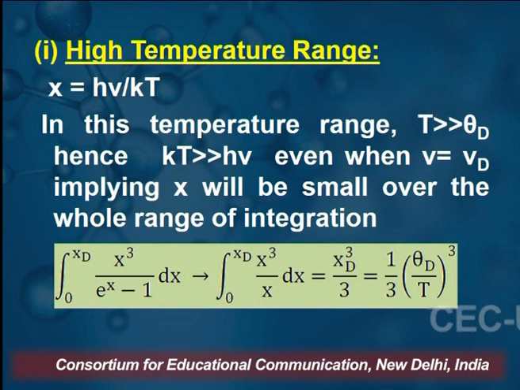In the high temperature range, x is h nu by kT. In this range, T is very much greater than theta d, so kT will be very much greater than h nu. So, even when nu equals nu d, x will be small.